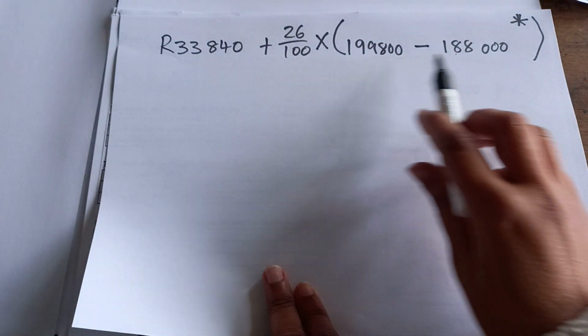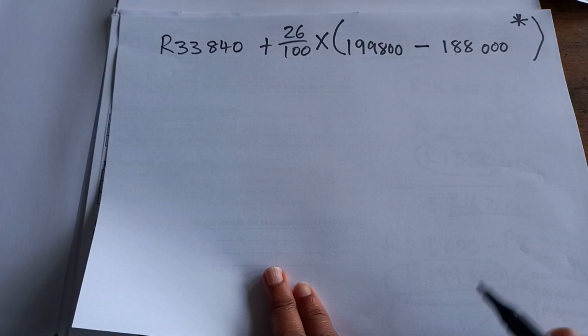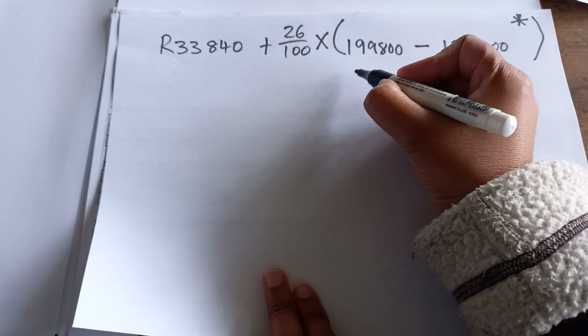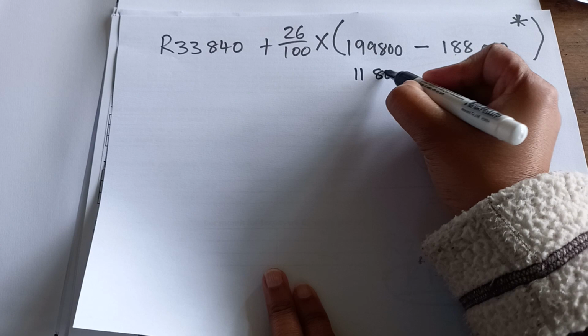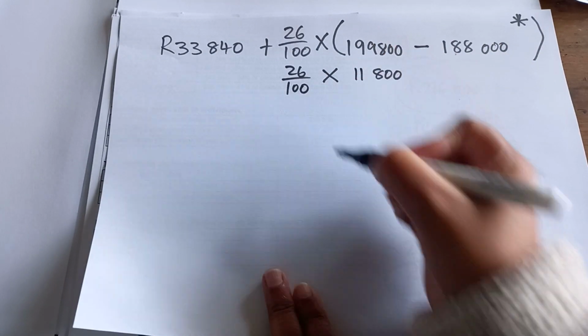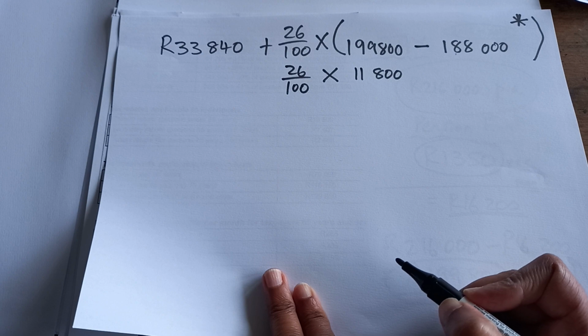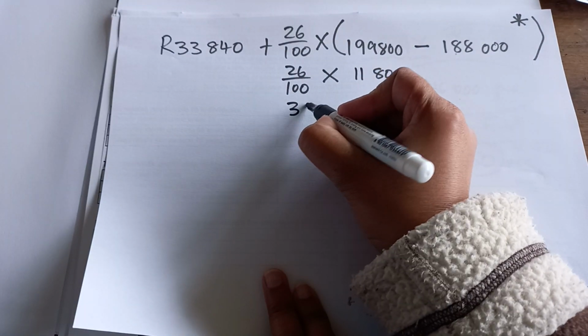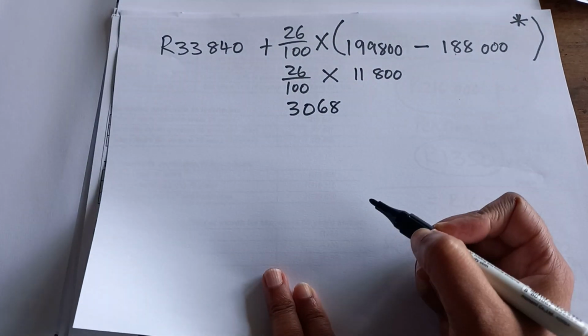Okay, so perfect. We've got that. Now, in order to calculate this, we're going to apply BODMAS. Let's work with the brackets first. So when I minus this, it leaves me with 11,800. I'll work out 26% of that, and I'm going to get 3,068 rands.